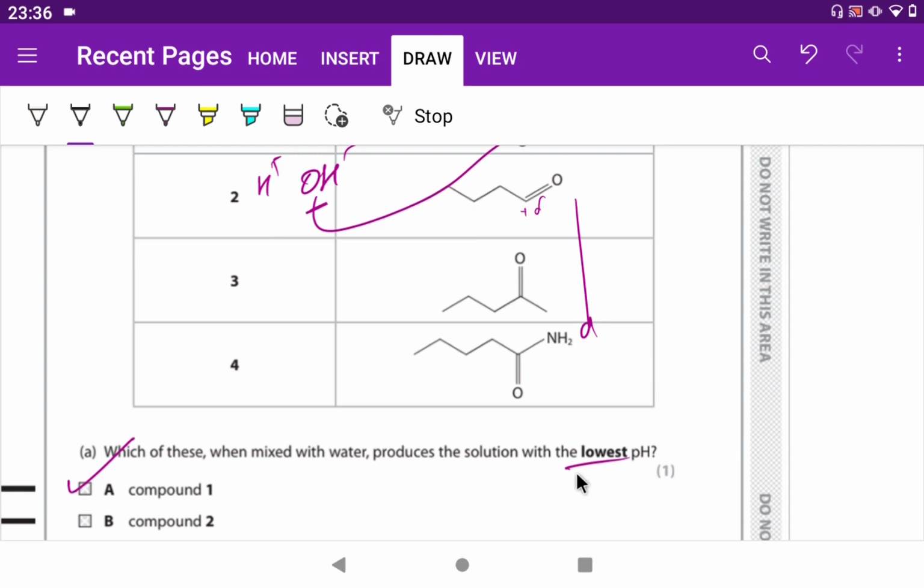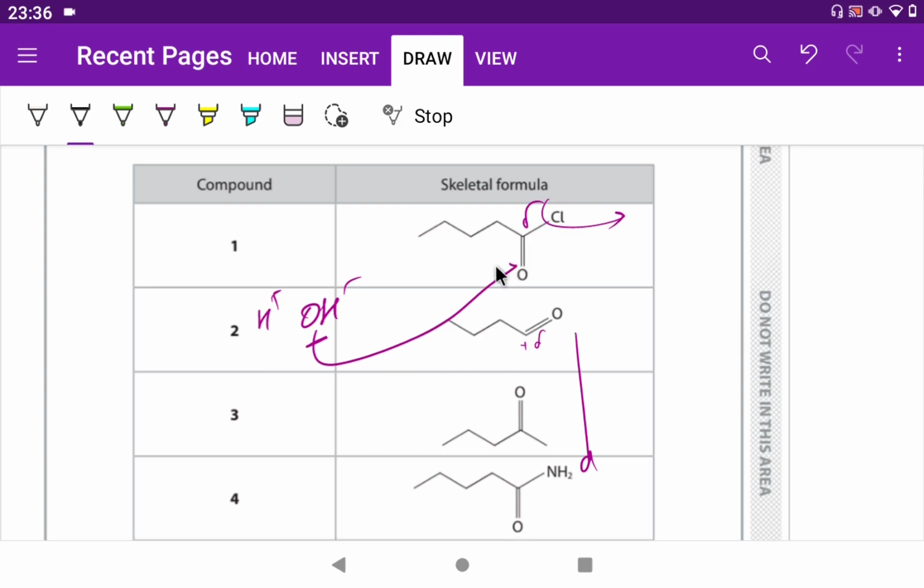The lowest pH means when we add water to these compounds, the product will be acidic. That's why the solution will become an acidic solution, and therefore the pH will be reduced. So when we add water to these 4 compounds, the first compound will make acid, because when water is added, the OH minus will attack this carbon, because this carbon is most delta positive, because the chlorine and this oxygen are attached to this carbon.